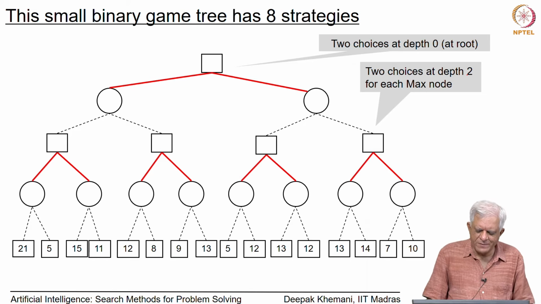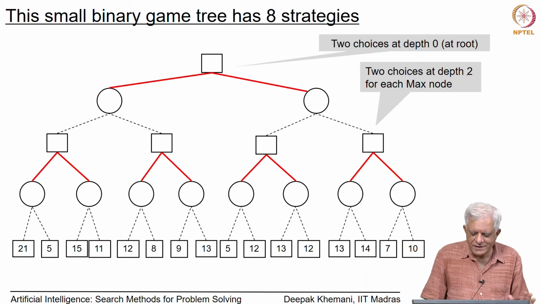If we consider that small binary tree that we had worked with, it has 8 possible strategies, and this can be computed as follows: at the max level, at the root level, there are 2 choices, then at the third level, because the strategy for min will have both of these, again you have 2 choices. So, you have 2 into 2 on the left hand side and 2 into 2 on the right hand side.